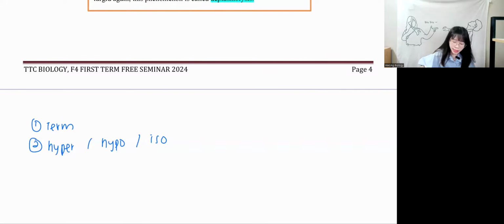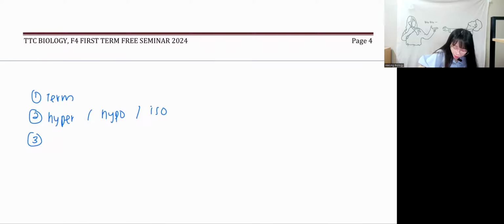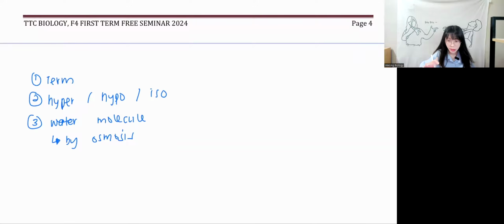Third sentence, we have to use water molecule, whether they diffuse in or diffuse out from the red blood cell or plant cell by osmosis. You're going to write by osmosis. By osmosis is important. The fourth sentence, we're going to write the explanation. How do we explain?